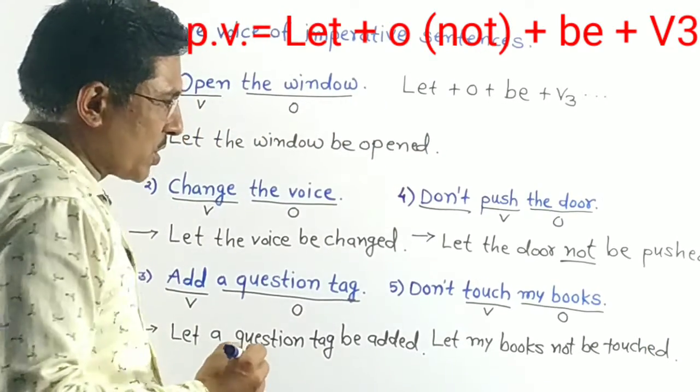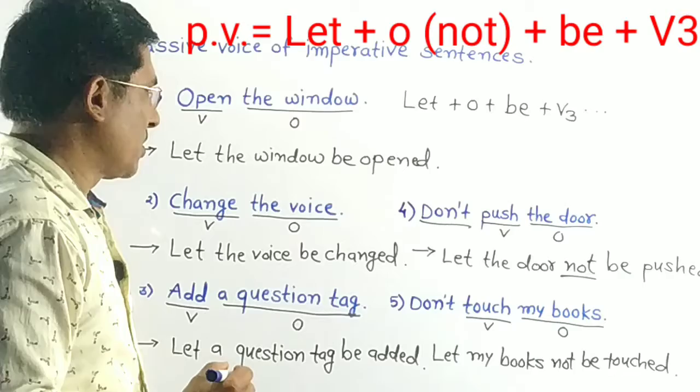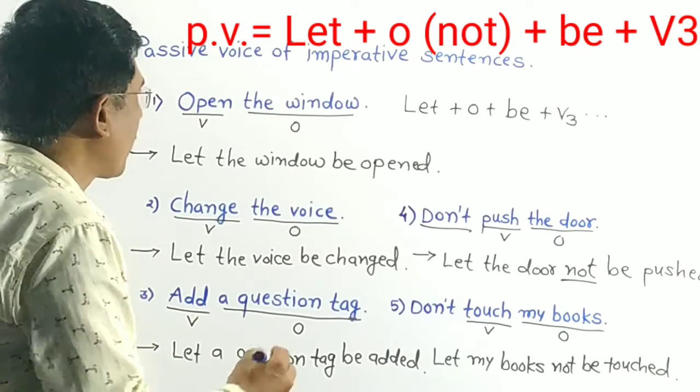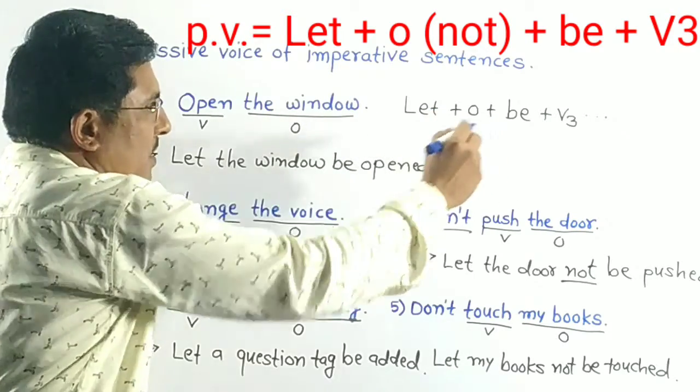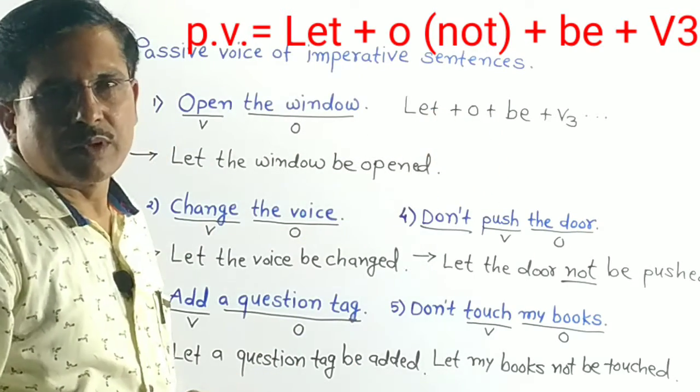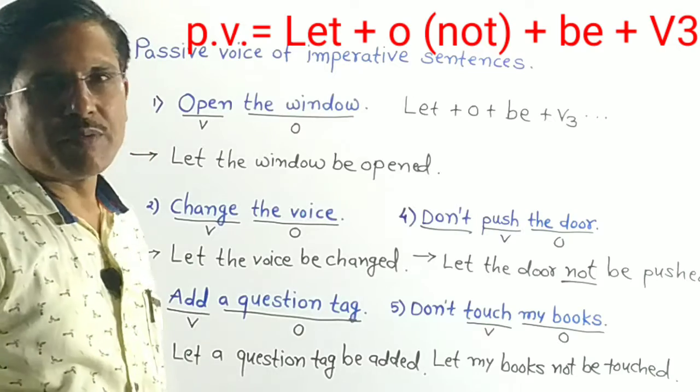Let my books not be touched. So in this way we use let plus O plus B plus V3 formula to change passive voice of an imperative sentence.